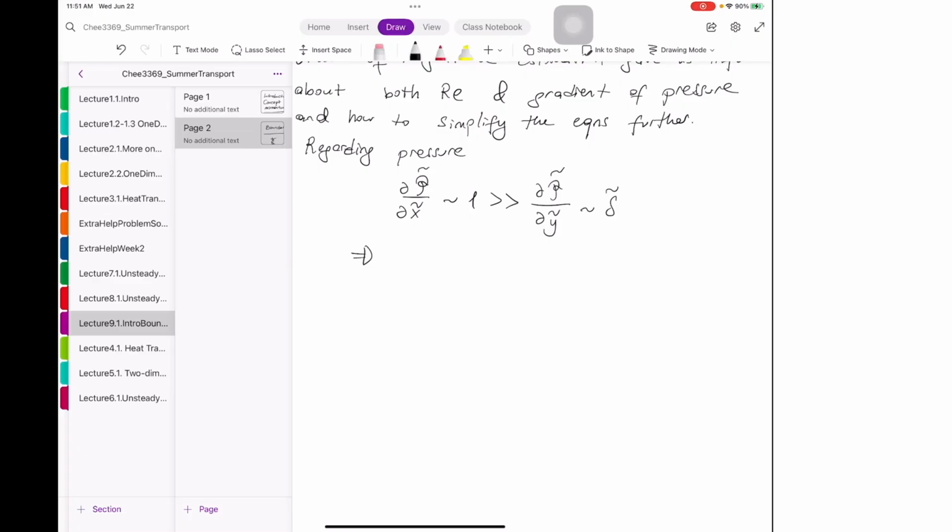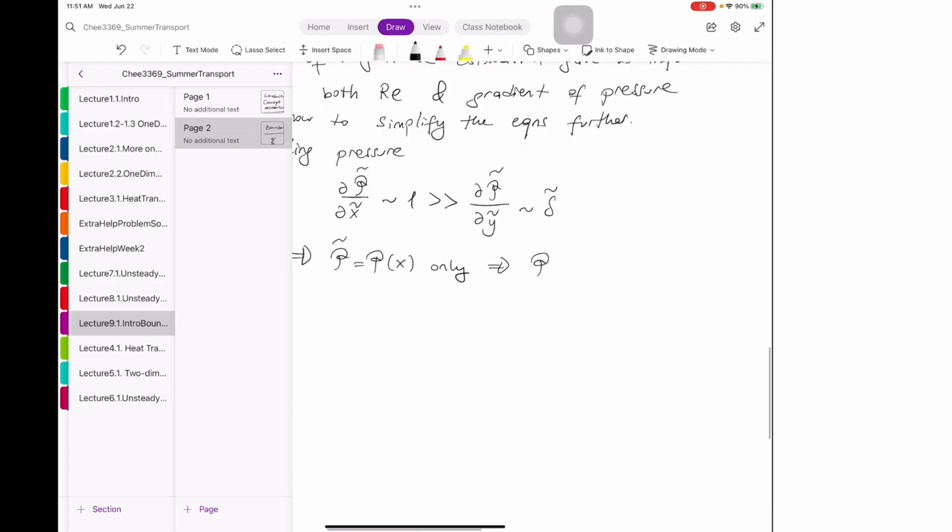Thus, you can neglect the derivative of the pressure with respect to y. So you can say that the pressure is a function of x only. What does it mean? It means that the pressure changes with x, does not change with y. So you can take it at any y. So let's take it at the largest possible y, and let's call it P infinity then, right?